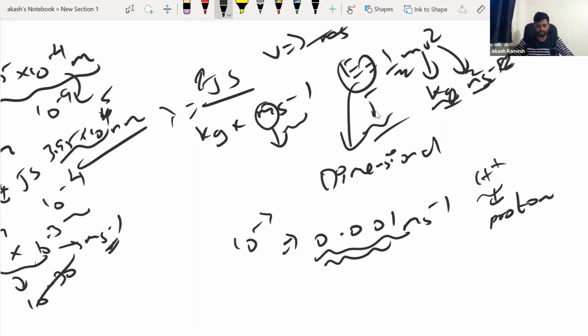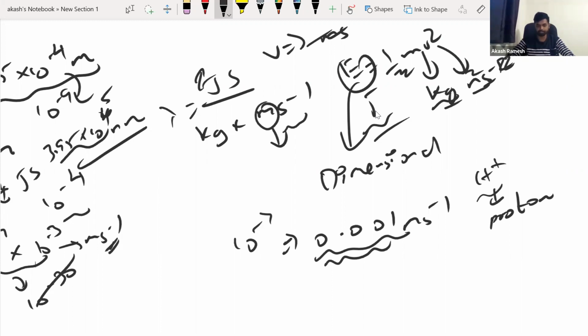Actually, start the question like this: if the uncertainty in measurement of position and momentum are equal, comma, calculate the uncertainty in velocity.